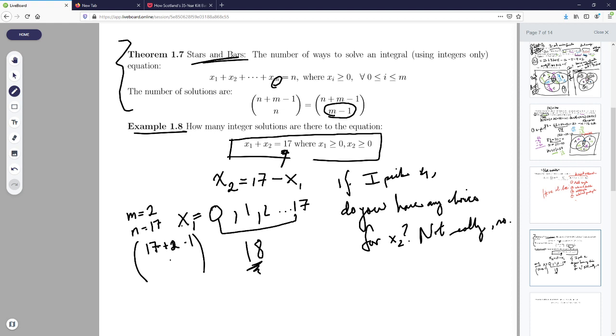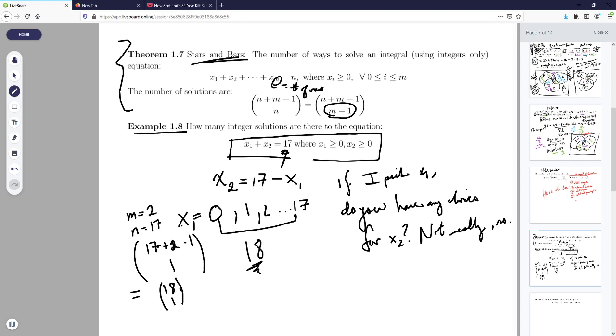Yeah, m is the number of variables. So as it turns out, this is 18 choose 1. Whoops, not 81, 18. So you ask yourself, well, how many ways can I pick out of a bag of 18 things? How many ways can I pick one of those things?